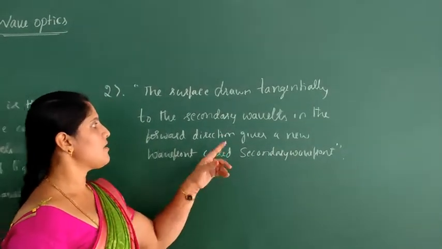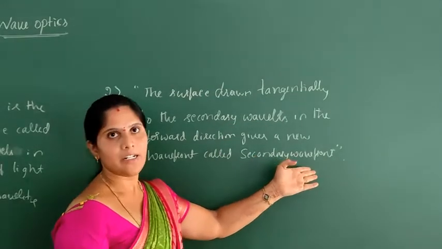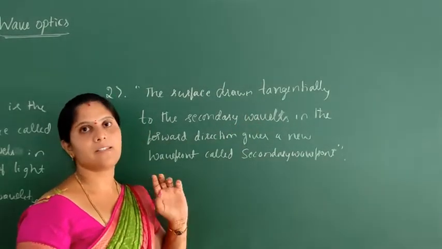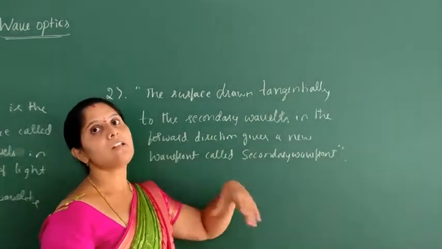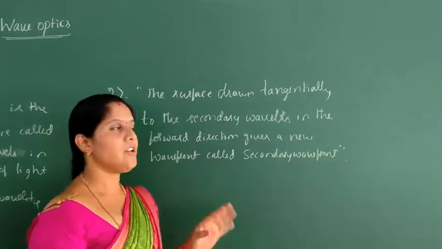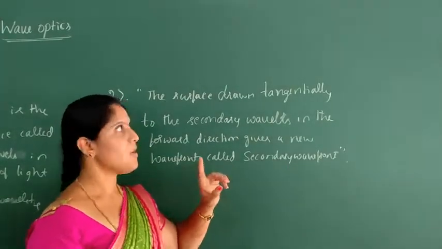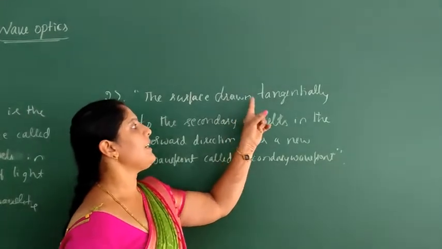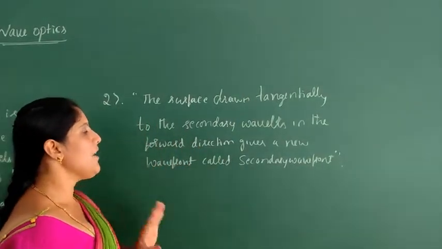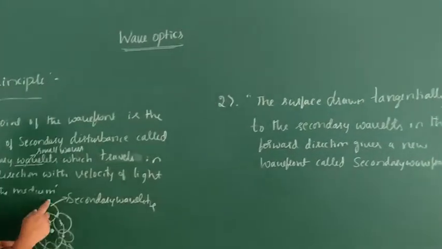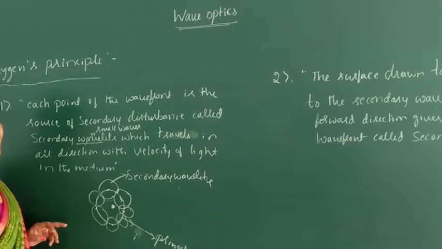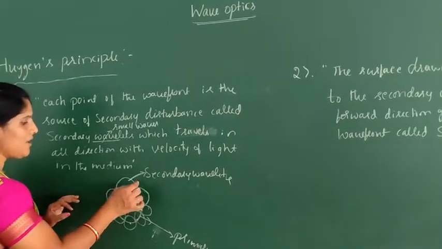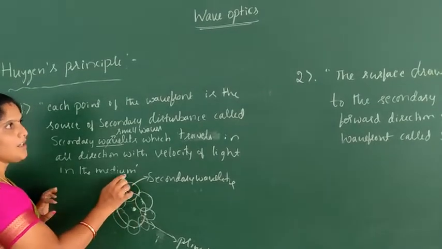Don't confuse wavelets with wavefront. Wavelets means small waves. Wavefront means the locus of all the points which oscillate in the same phase. So the surface is drawn tangentially to the secondary wavelets. These are the secondary wavelets. Where do you have to draw the tangent line? Here or here?